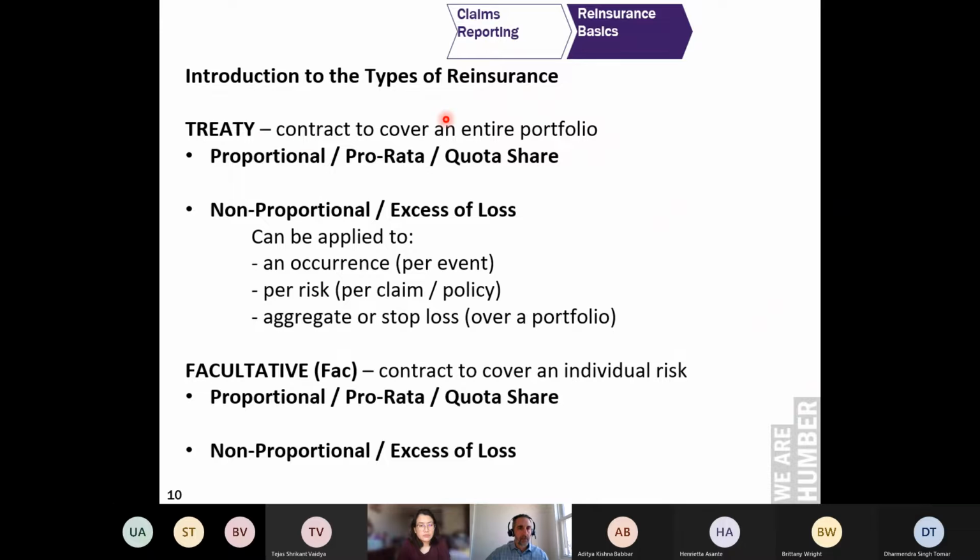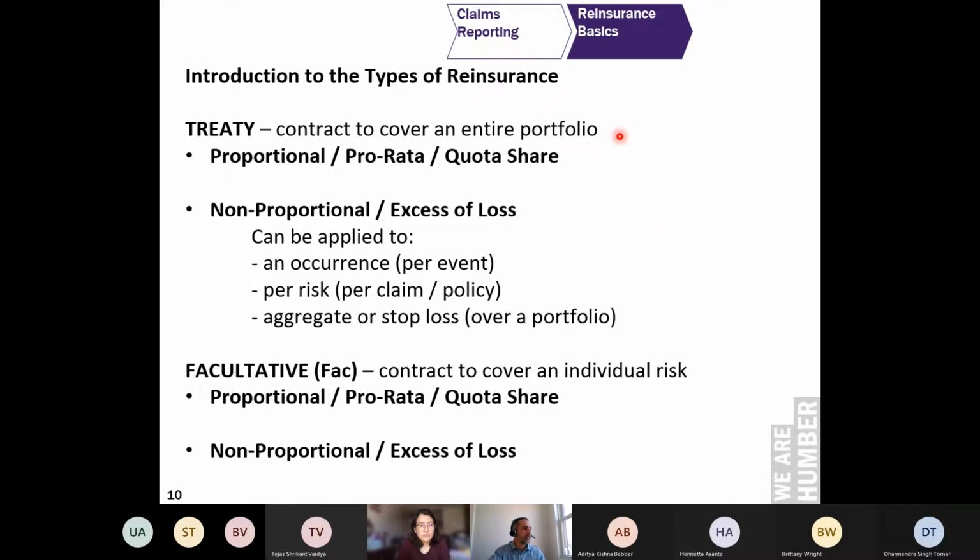Okay. So I talked about a couple of these different types of reinsurance and when they would be used. So let's see here. We have treaty versus FAC. The difference between those two is that a treaty is an agreement that covers an entire portfolio. What this portfolio means could be anything, whatever the agreement is designed for. It could be all my small and medium enterprise business.